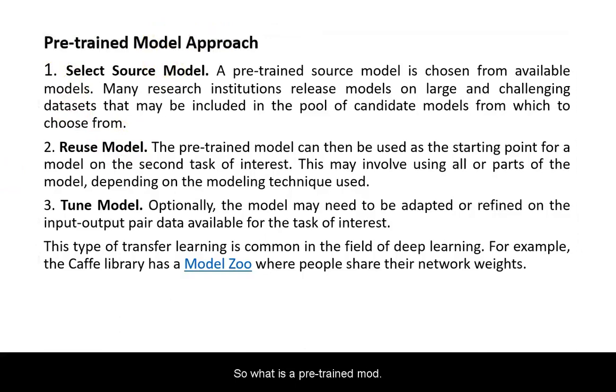So what is a pre-trained model? A pre-trained model is a saved network that has been previously trained on a very large data set, typically on a large-scale image classification task. So one can use this pre-trained model as it is, or use transfer learning to customize this model to a given task.